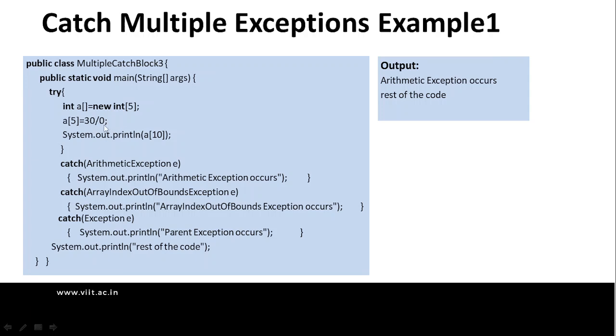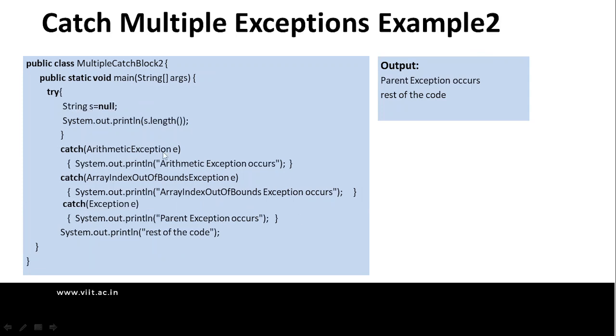Very first 30 divided by 0 will get calculated, and then the location a[5] will get checked. So the ArithmeticException will occur, your control will go to printing that message, and then the rest of the code will get executed.